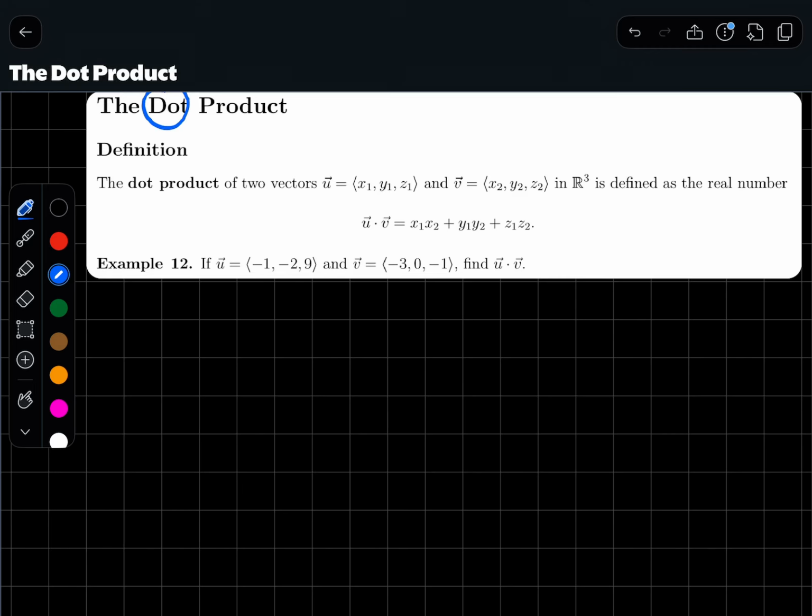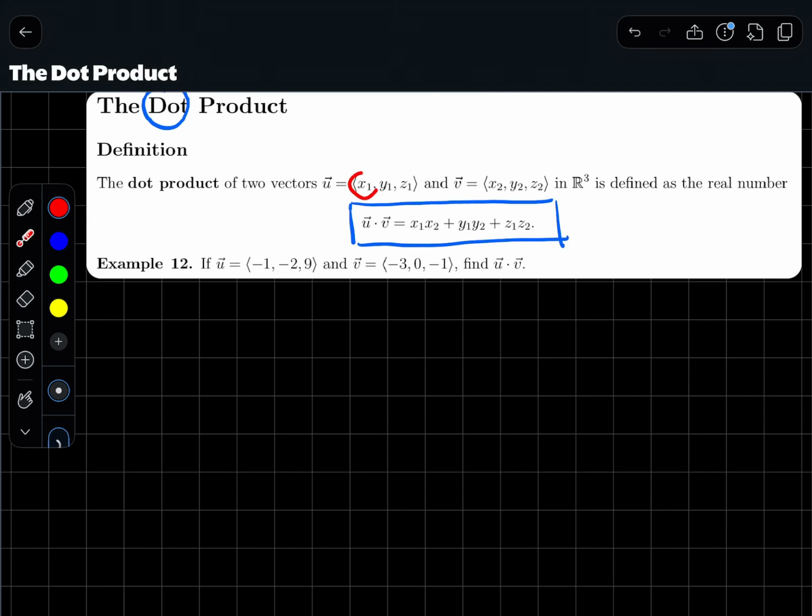So the way to calculate the dot product is very simple. What you do is you multiply the x's of the two vectors. So you have vector u, which is x1, y1, z1, and vector v, which is x2, y2, z2.